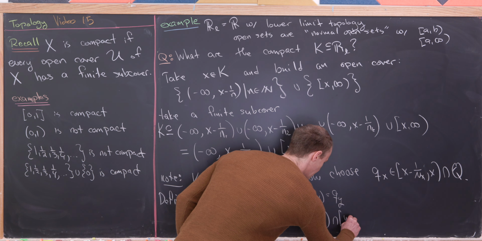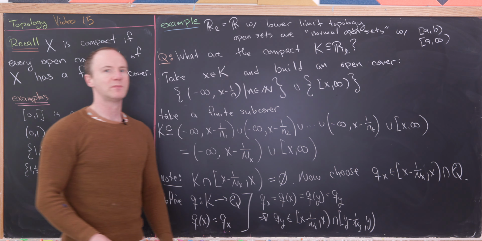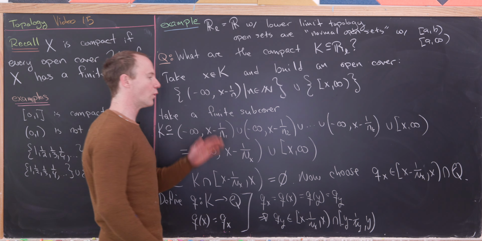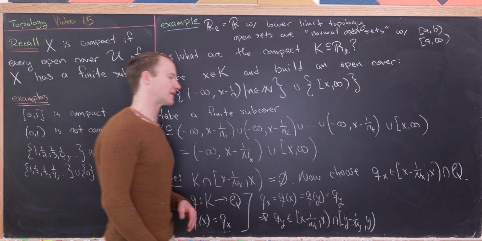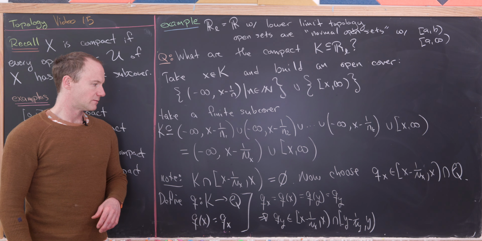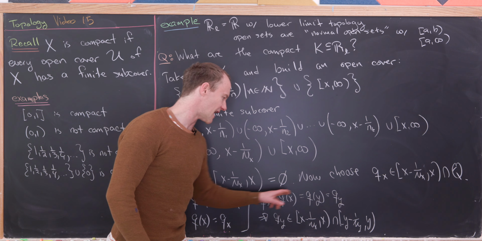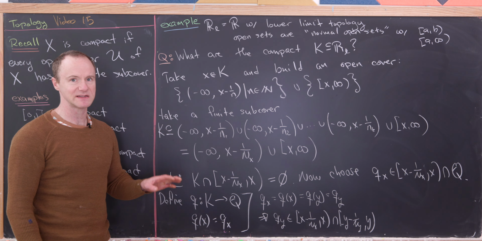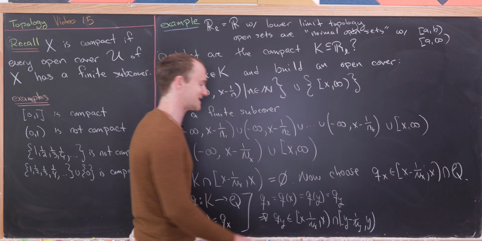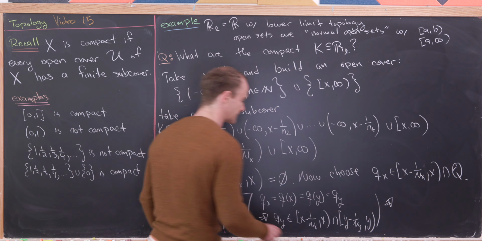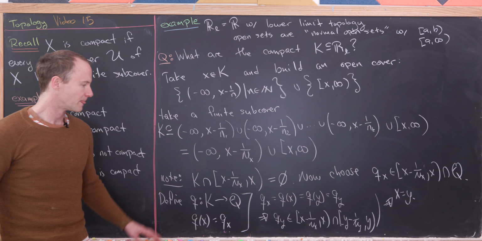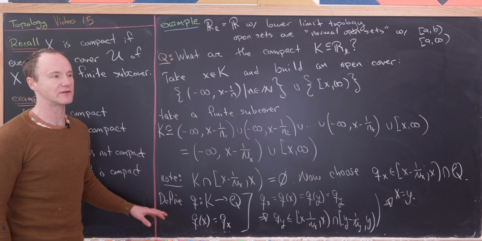So let's say that's y minus 1 over n sub y up to y. But then the choice that we had only took exactly one rational number from every interval that looks like this. But since we chose this same rational number from those seemingly two intervals, then that means that those two intervals must be the same. But then if those two intervals must be the same, that means that x must in fact be equal to y. But look, that shows that this function q down here is injective.